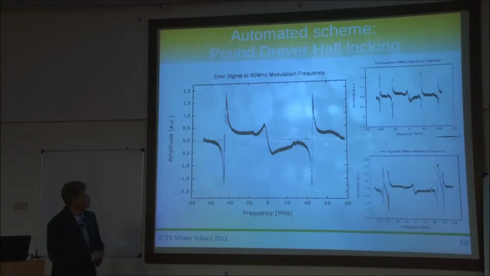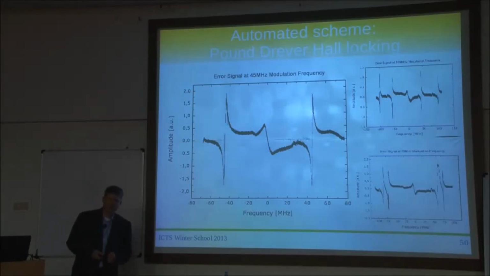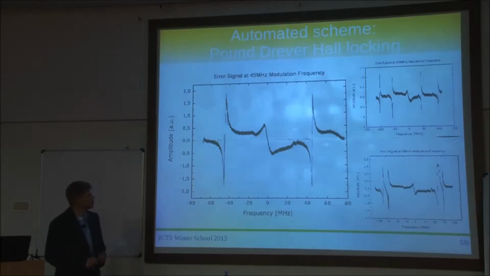The reason it looks like this for this specific system is that there's also some gain involved in that oscillator and so on, so it's a bit more complicated in this case. But in general, with this Pound-Drever-Hall locking scheme, you end up with a flank at the carrier, and then the two signals from the sidebands, where the flank goes the other way around.